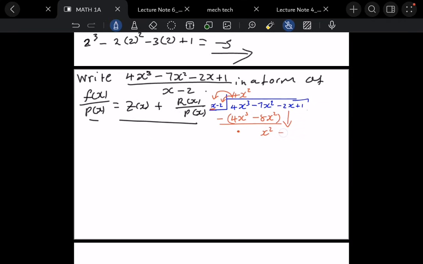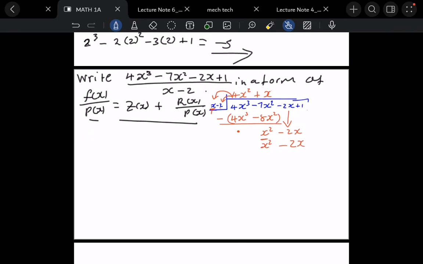Bring down minus 2x. Then ask yourself again, how many times does x go into x squared? Very simple: positive x times. Multiply x by x, I get x squared. Multiply x by negative 2, I get negative 2x.